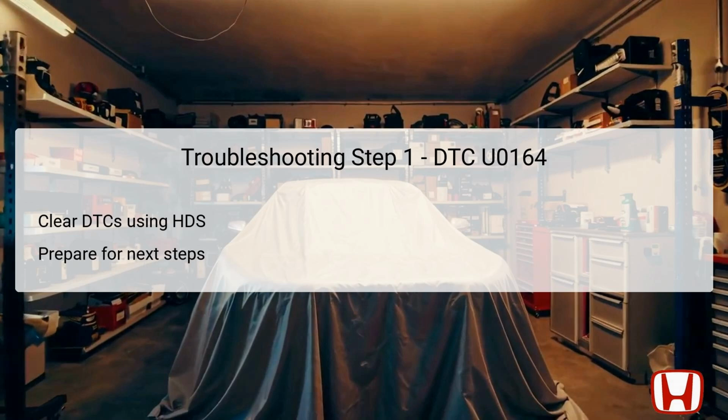The first troubleshooting step when dealing with DTC U0164 involves using the Honda Diagnostic System HDS to clear all stored diagnostic trouble codes. This is a crucial step because it enables the technician to start fresh and correctly identify whether the U0164 code reappears after performing the subsequent diagnostic tests.